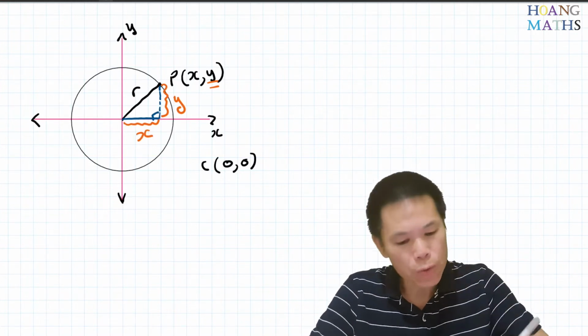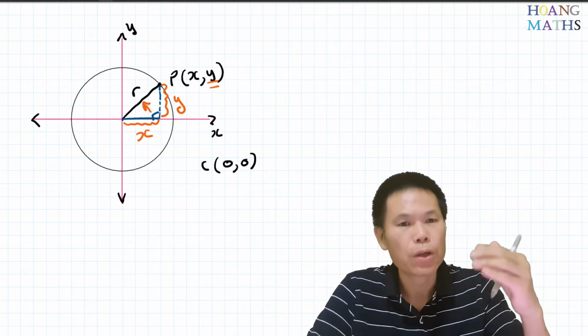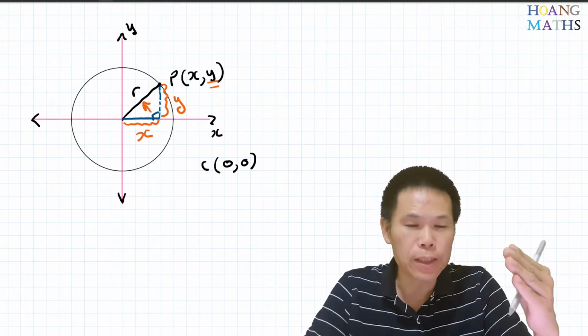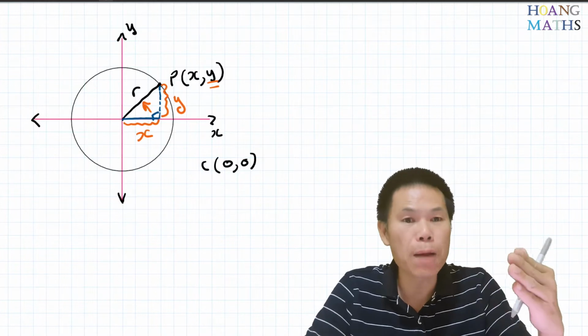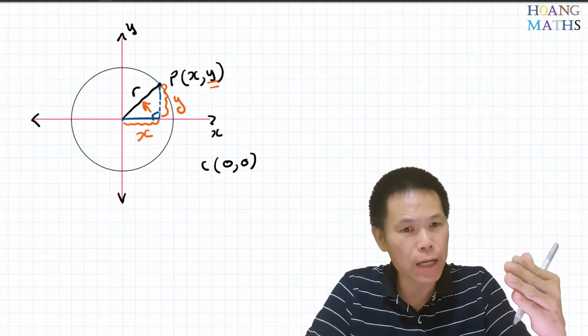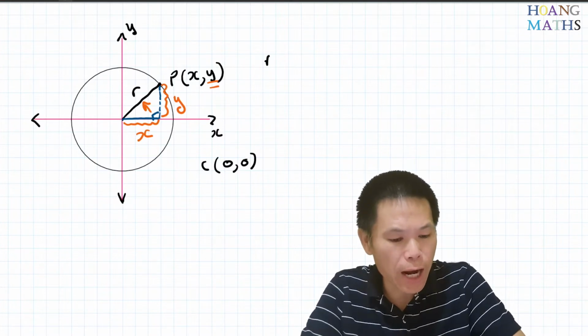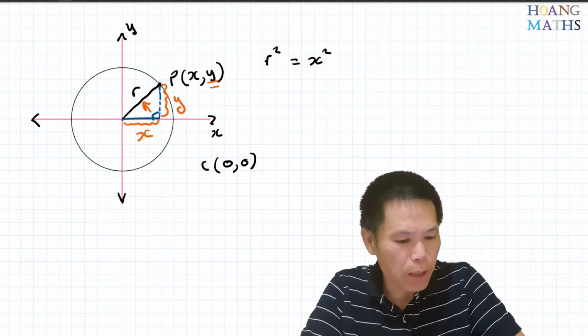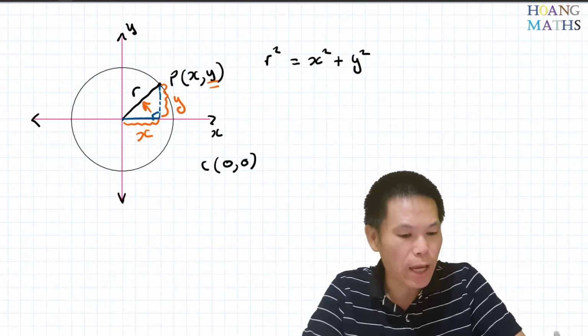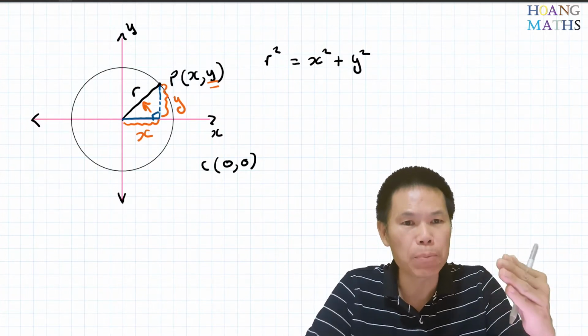So therefore, we know that the radius of this circle is the hypotenuse. From the Pythagoras theorem, R squared is equal to X squared plus Y squared, because R is the hypotenuse.